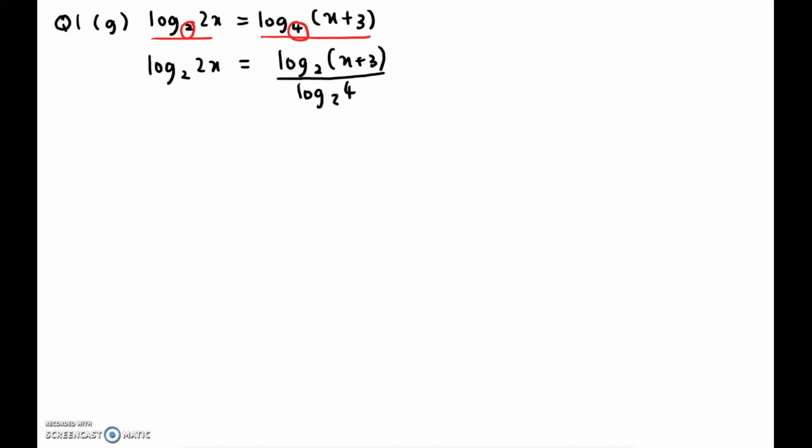Remember, what happens to the denominator? You can change it into log 2 squared base 2. Then the power can be brought to the front, so you will be left with log 2 base 2 multiplied by 2.